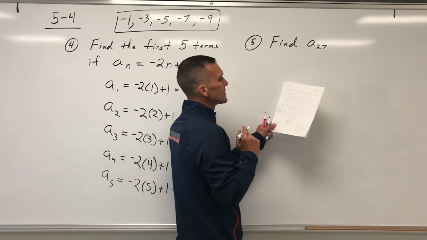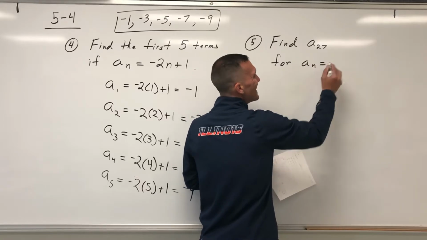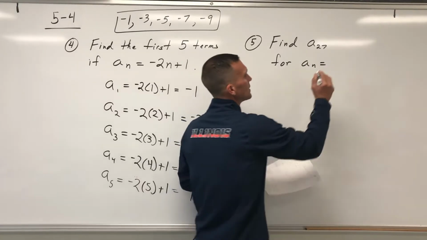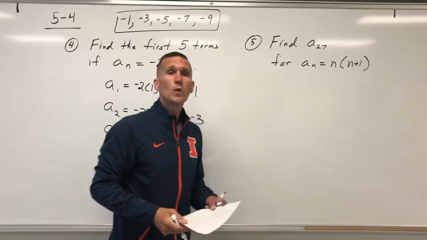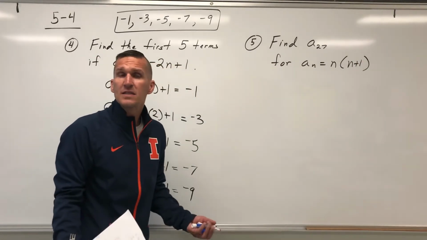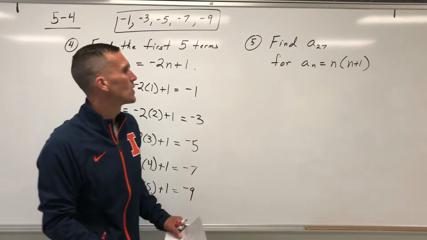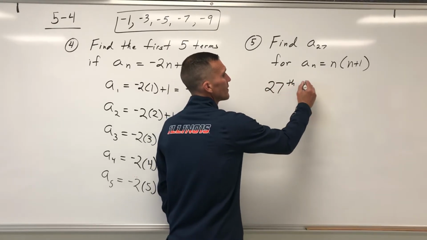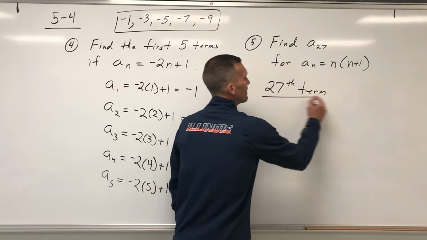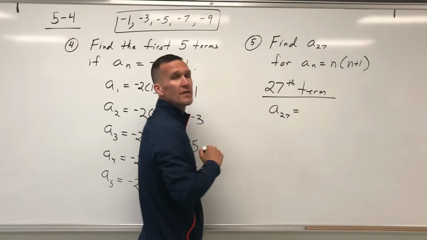So we're going to find a sub 27 for a sub n is equal to n times parentheses n plus 1. Now, it's not the easiest rule in the world, but again, we can plug in numbers, so it's okay. To find the 27th term, the notation would be a sub 27, which was given in the problem.